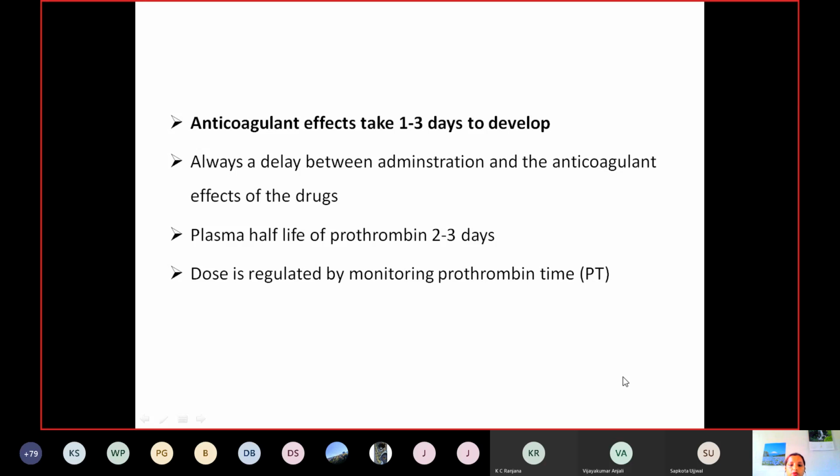You have to monitor the prothrombin time while giving warfarin, to prevent bleeding complications. If the dose of warfarin is increased without monitoring PT, the patient may have complications like bleeding. To prevent this, you have to always adjust the dose of warfarin by this test, prothrombin time.